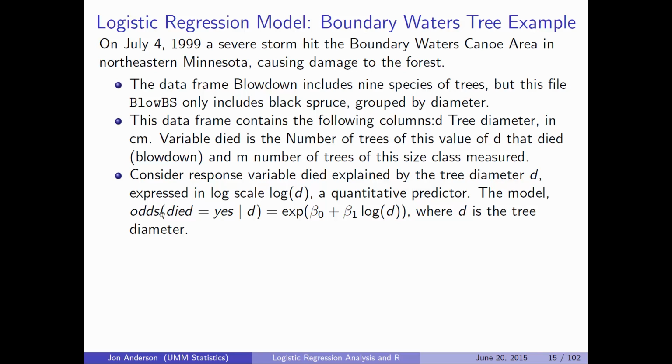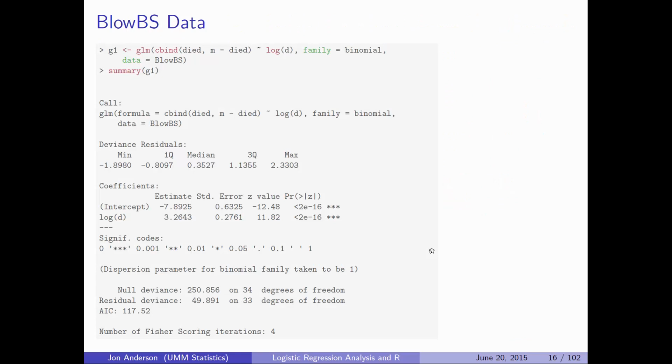So we're going to consider a model: tree died, yes or no. The odds that the tree died is this logistic function, e to the beta naught plus beta 1 times the log of the diameter, where the diameter d is the tree diameter, how big around the base of the tree is.